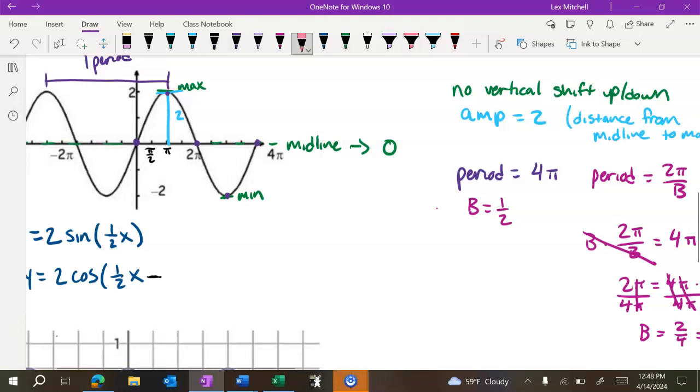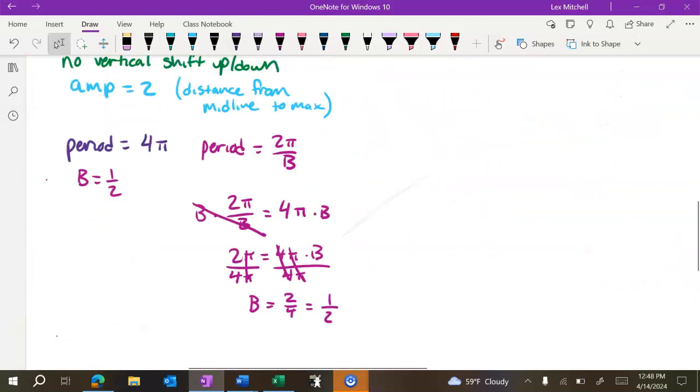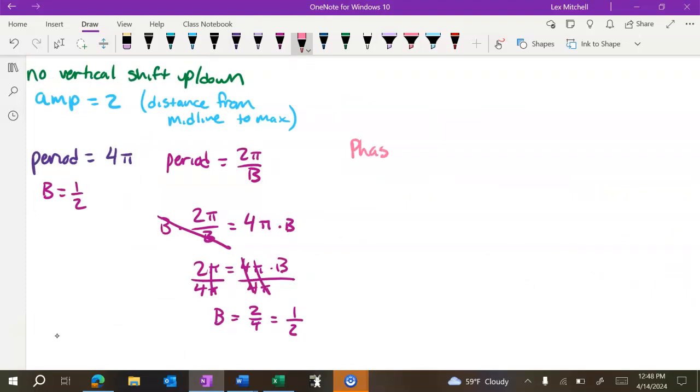Because our phase shift is always C over B. And we have a B value. Our B is not 1. So C over 1/2 has to equal pi, right? Because if I just plug in pi, when I divide that by 1/2, that becomes 2 pi, and then it's no longer a correct phase shift.